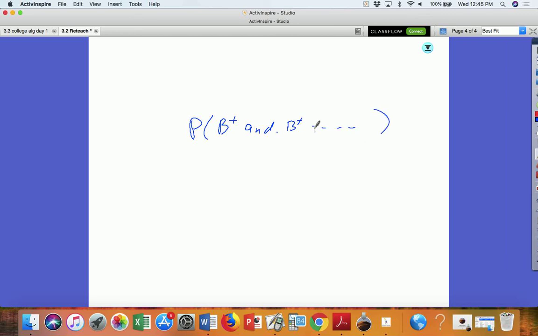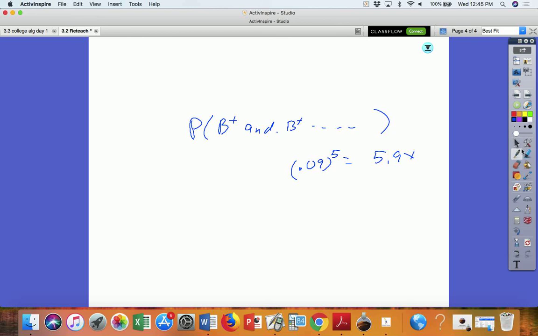If we think about 5 consecutive B positives, we're going to have 0.09 to the 5th. That's not very likely, right? My calculator says this. What in the world is this? 5.9 e negative 6.